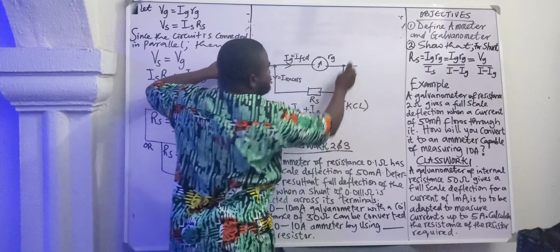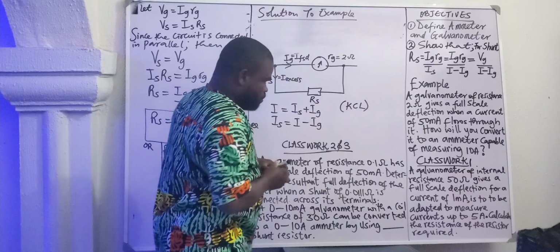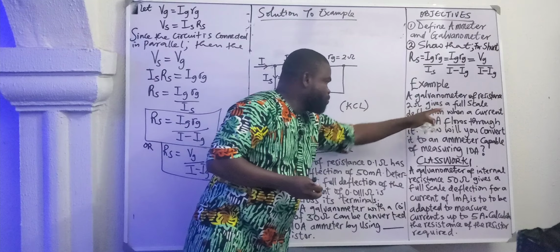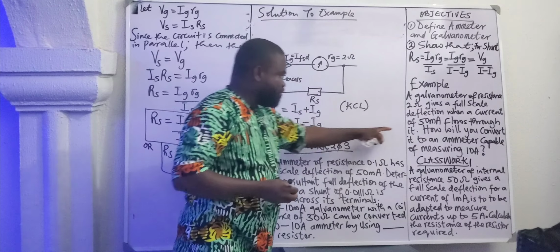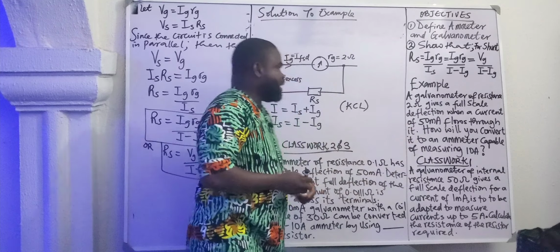So we are given the resistance of the galvanometer, Rg, as 2 ohm. It gives a full-scale deflection when a current of 50 milliamp flows. That full-scale deflection, I said, is the same thing as the current of the what? Of the galvanometer.